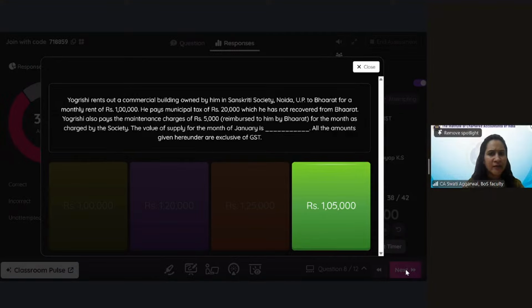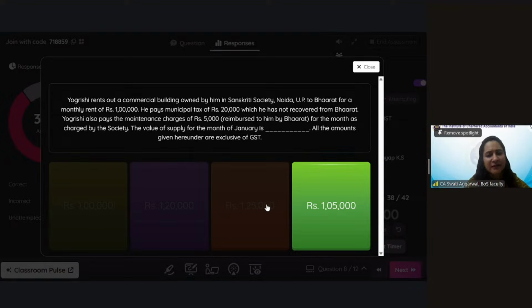Navneet is saying again, please explain. Navneet, here 1 lakh rupees is our monthly rent and 20,000 is municipal taxes. We have not included the municipal tax, the reason being that municipal taxes have not been charged separately. In section 15 subsection 2, we add taxes other than GST, CGST, SGST, UTGST and GST compensation cess; they are to be included, but only if they are charged separately. Here municipal tax is not charged separately, so maintenance charges of rupees 5,000 will be included.